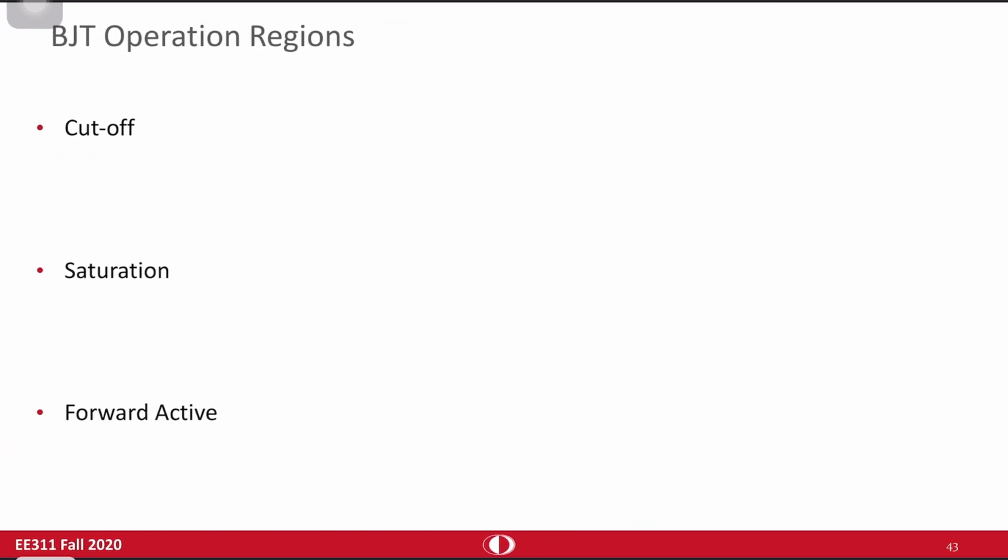So to summarize, cutoff: VBE is less than VBE on. Remember that this is the structure: collector, emitter, base. Imagine two diodes in here. One of them is the base-emitter junction, the other one is the base-collector junction. And this turn-on voltage is something like 0.7 volts.